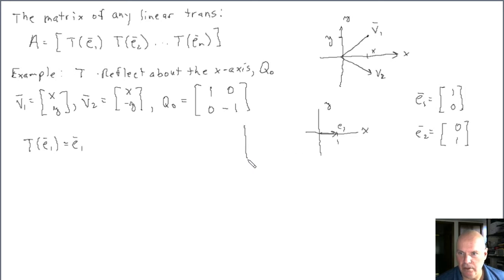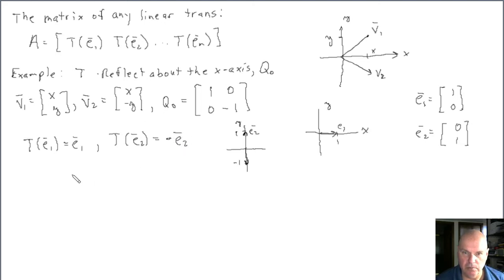Now E2, on the other hand, is our unit vector in the y direction, length 1. Reflect that around the x-axis, we get this vector, and this is actually the negative of E2. Okay.